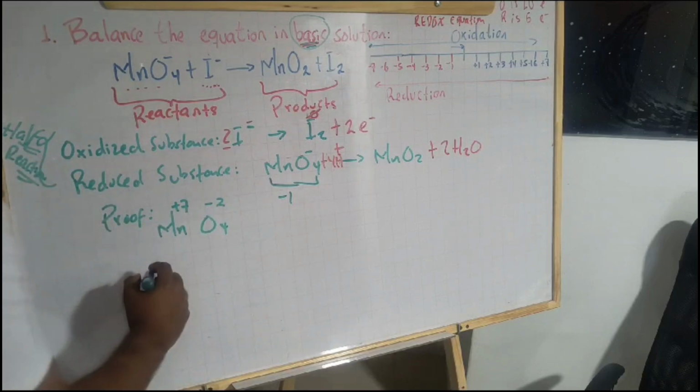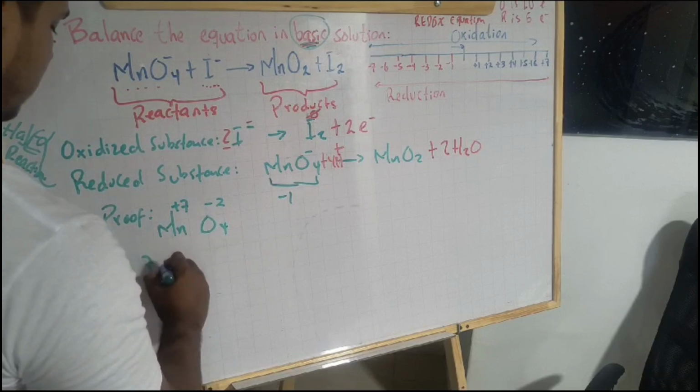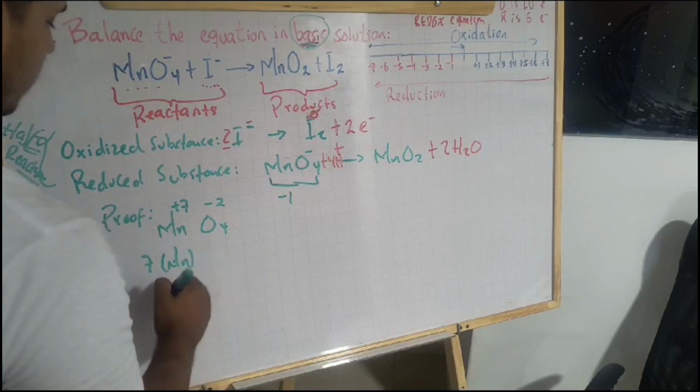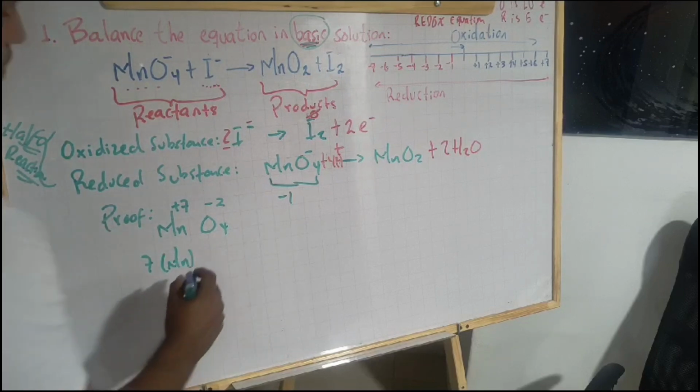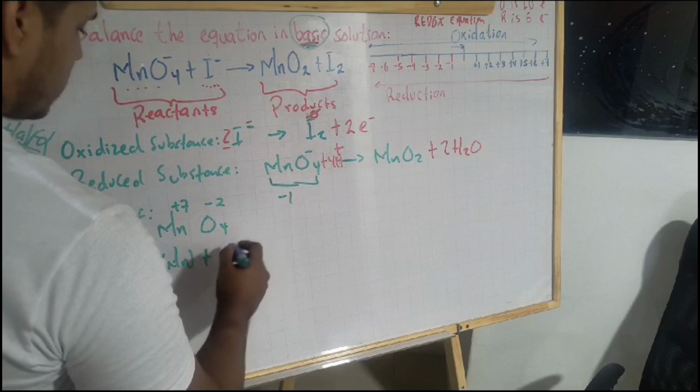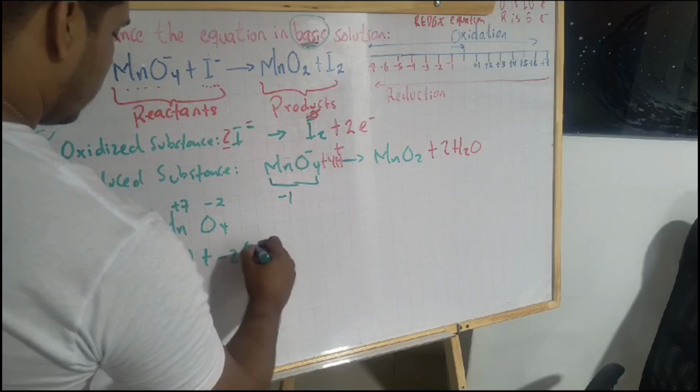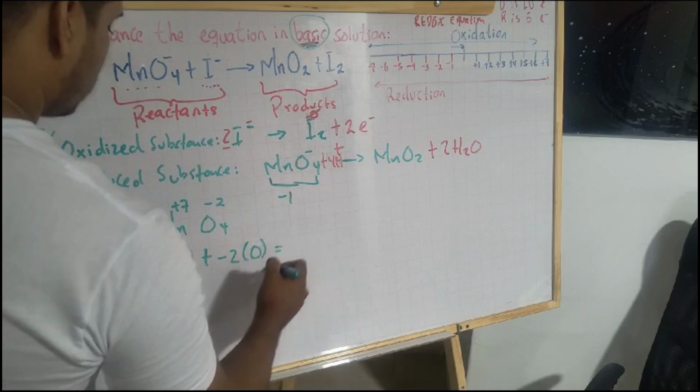So you multiply 7 times the manganese atoms, and you sum it to -2 times the oxygen atoms.